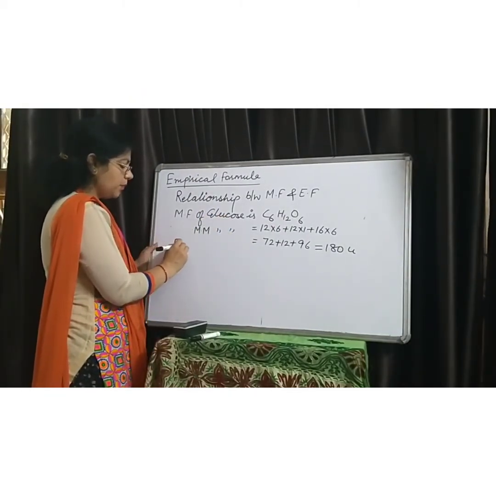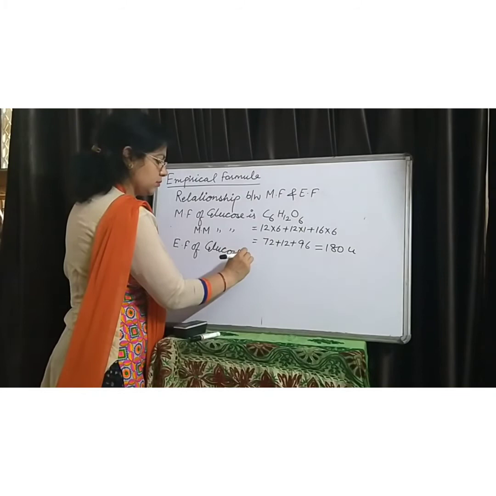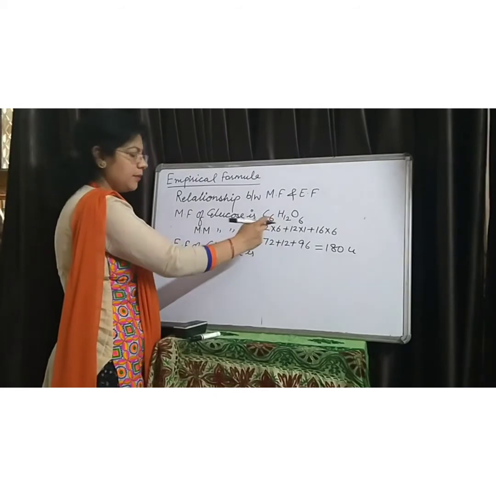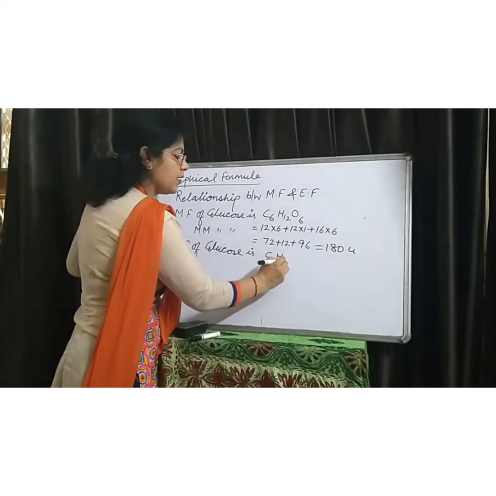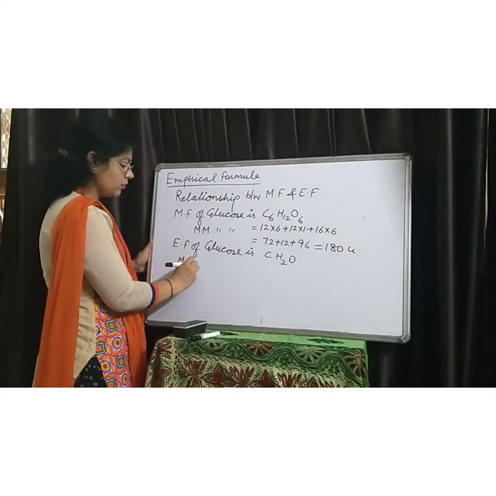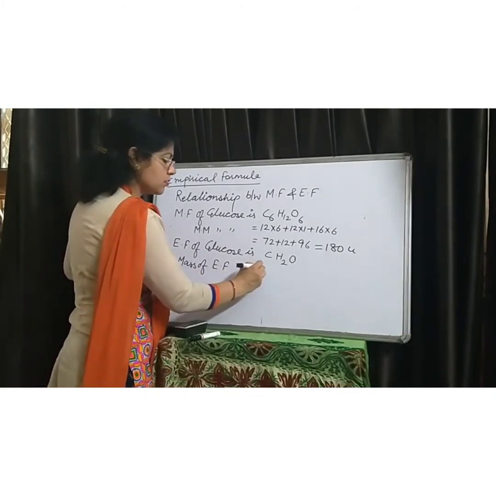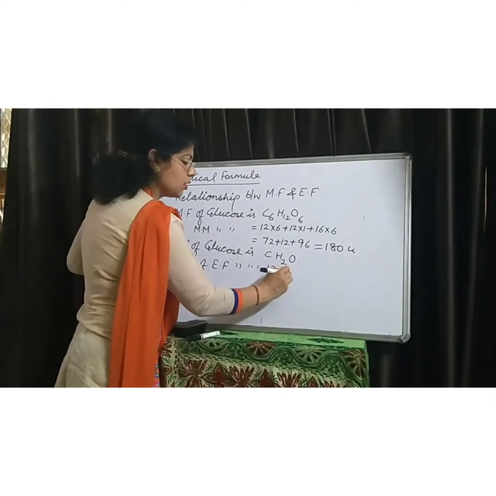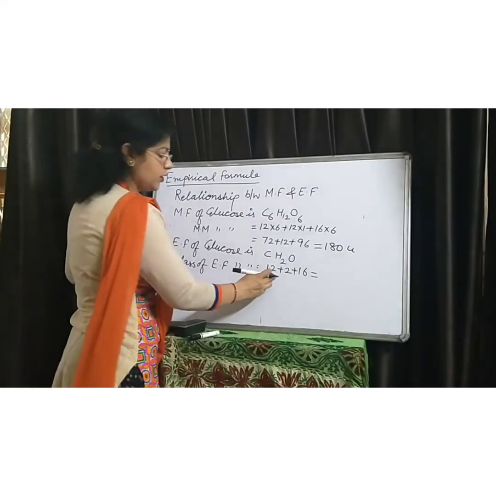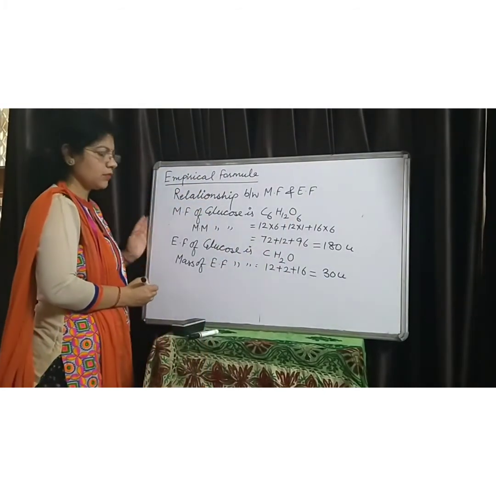Next, the empirical formula of glucose. The empirical formula of glucose is the simplest formula of the elements, that is CH2O. Now, the mass of the empirical formula of glucose is 12 plus 2 plus 16, which comes out to be 30 u.